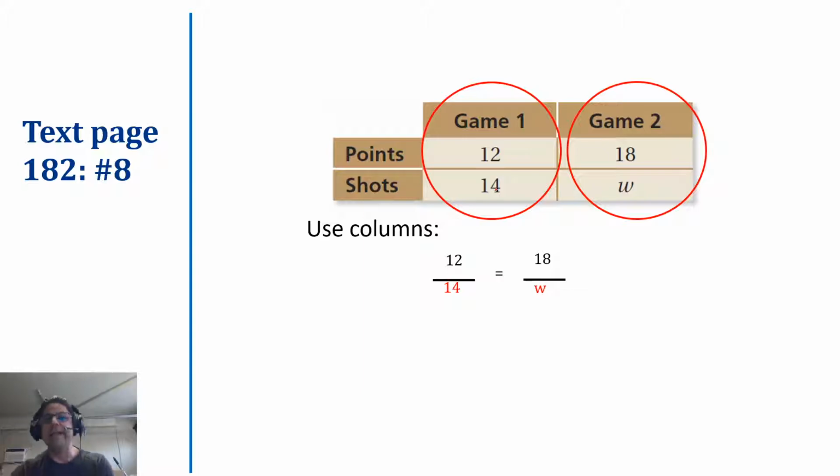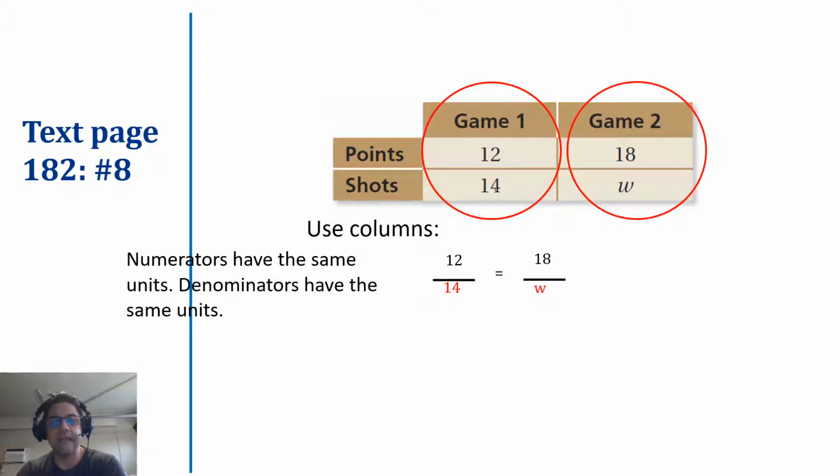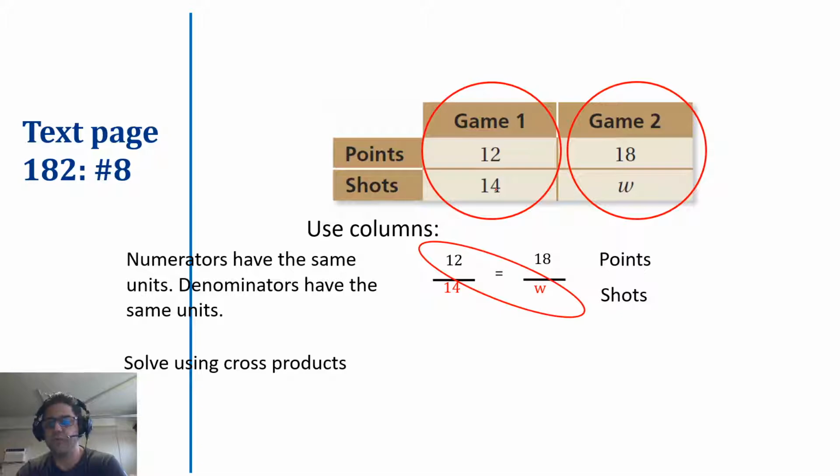So in other words, in game 1, if they scored 12 points with 14 shots, what is the missing value on game 2? Well, let's go ahead and set up with cross multiplication, cross product. So 12 times W, and 14 times 18.